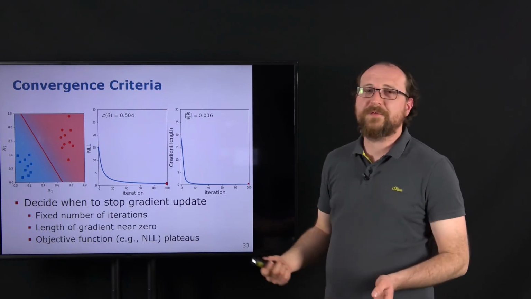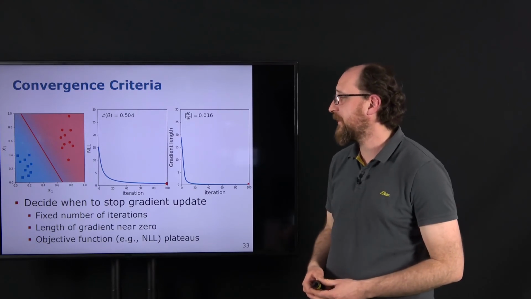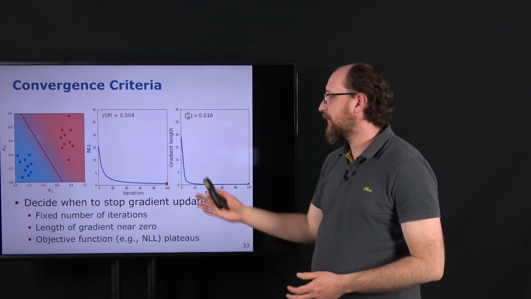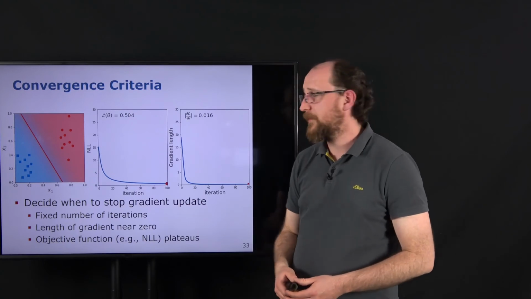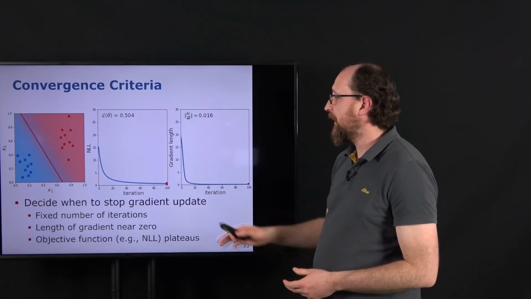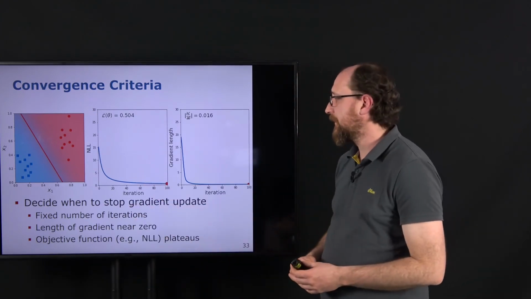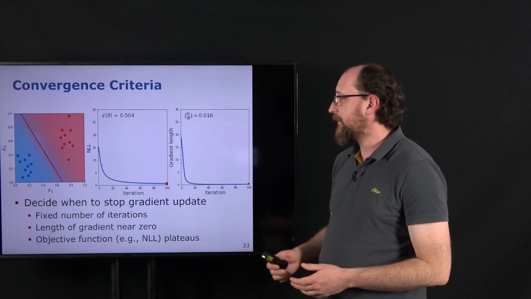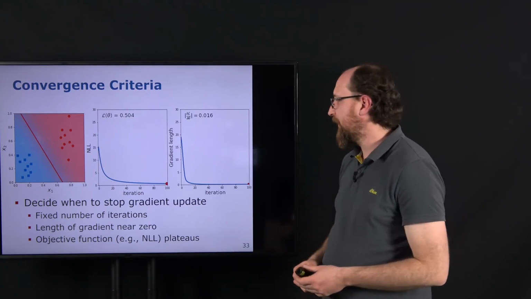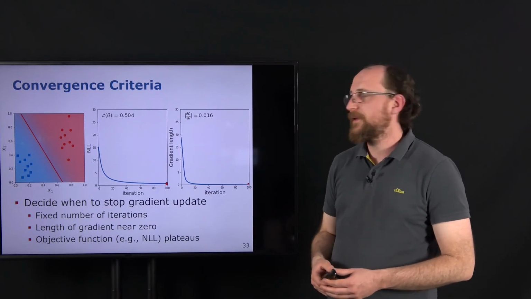And now you have to somehow decide when to stop this optimization. Usually one can say, okay, we just use a fixed number of iterations, so we maybe looked at the curve, and we decided, okay, we stop just after 50 iterations. This is also called early stopping, so to say. But we can also look at the gradient.